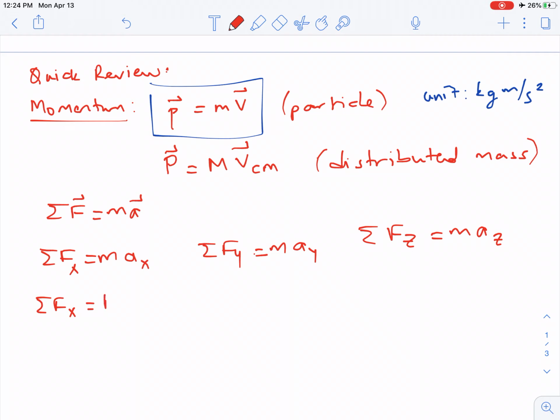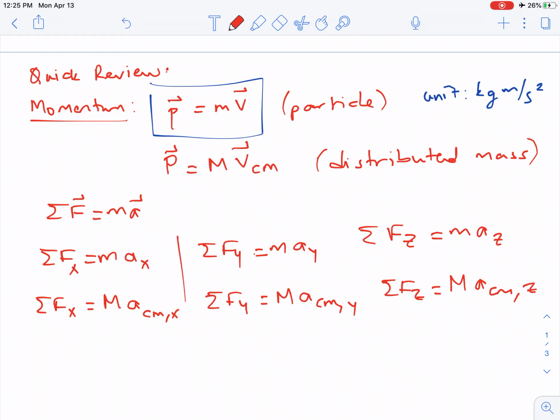Little m becomes capital M because this is for the system now, and the acceleration will be for the center of mass. So you do the same changes for each. Capital M for the system, and acceleration becomes center of mass acceleration. And again, for z component, capital M for the system, and this is the center of mass acceleration along the z direction.